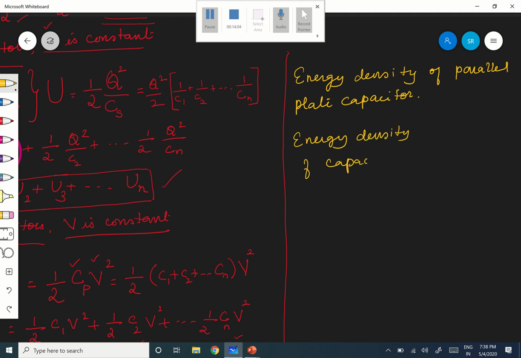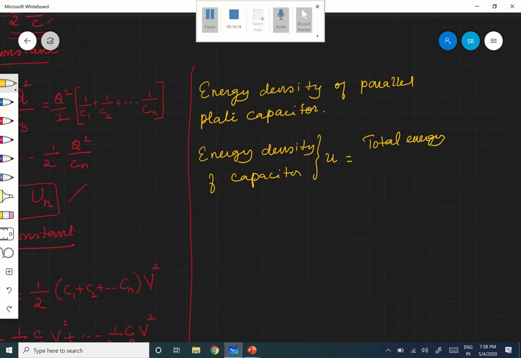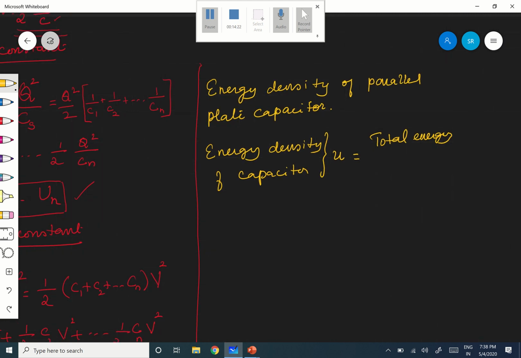Of capacitor, okay, that is small u. Energy density is nothing but the total energy stored by the capacitor, total energy U, divided by the volume of the capacitor.